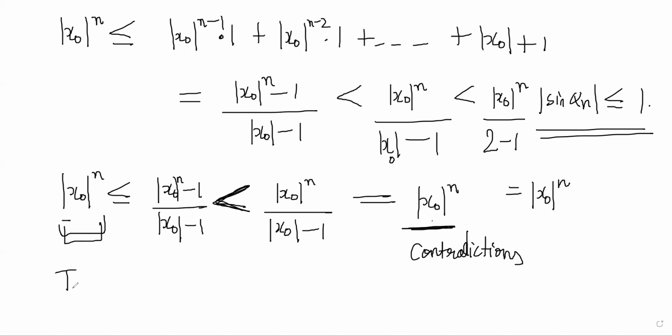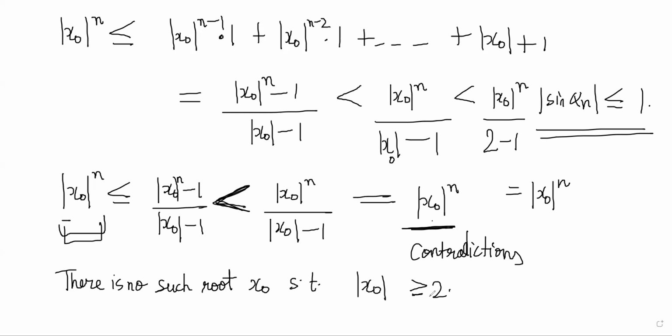So that means there is no such root. There is no such root x naught such that mod of x naught is greater than or equal to 2, right? So that is basically the solution for this one.